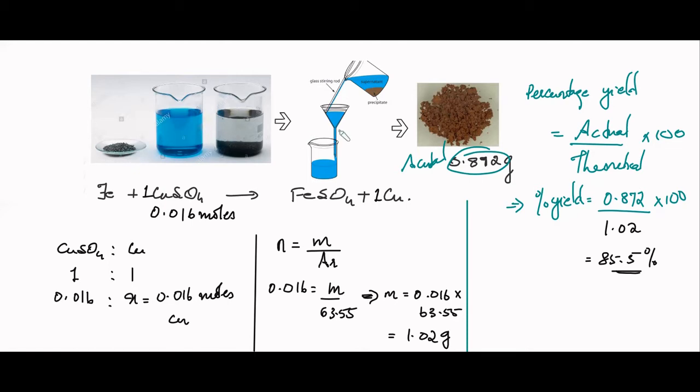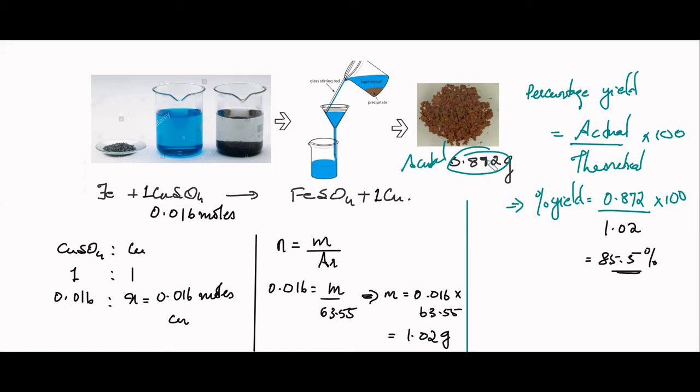The precipitate of copper that is formed is separated out. It is washed, dried, and weighed. This quantity is 0.872. This is the actual experimental quantity of copper that is produced in the reaction. Some of you would be using this particular value for your calculation.